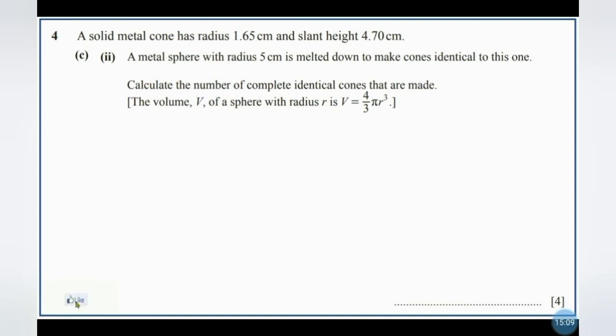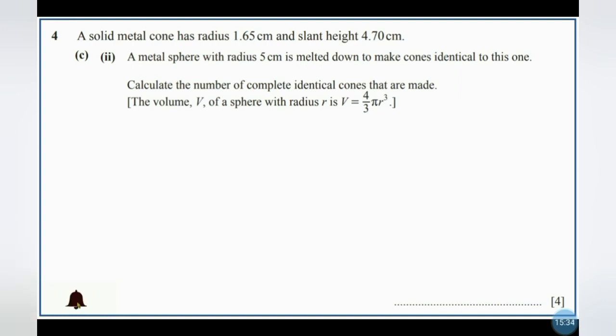A metal sphere with radius 5 cm is melted down to make cones. So I have a big sphere, and it will be melted down into smaller identical cones. Calculate the number of complete identical cones that are made.